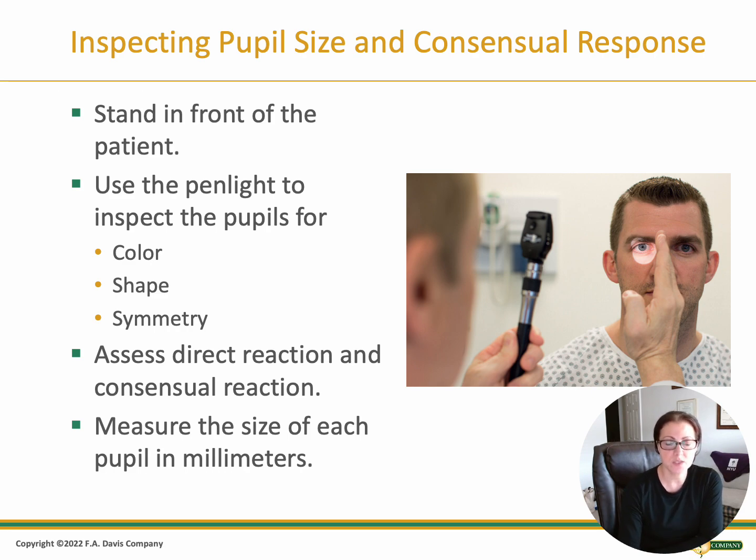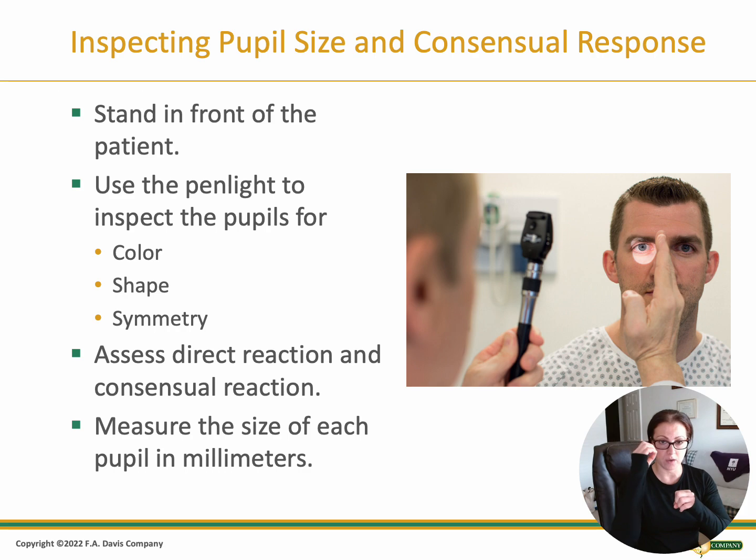Consensual response is when you're shining the light on the pupil, you have the other eye covered, and then you're removing your hand from the other eye and you're looking to see what is happening with the other eye. If this pupil is constricted, when you take your hand away, the other pupil should start to also constrict. It's a consensual response to that bright light.